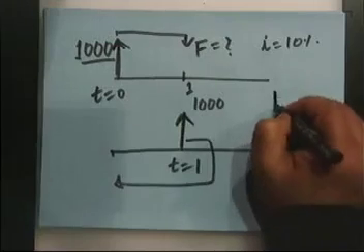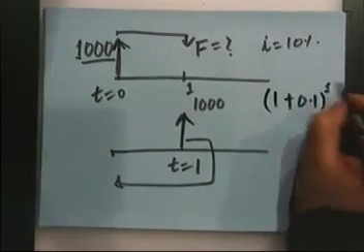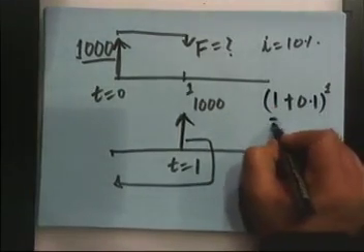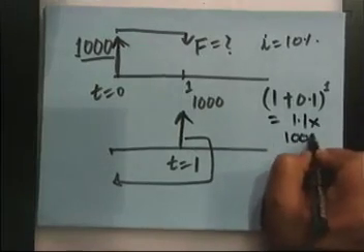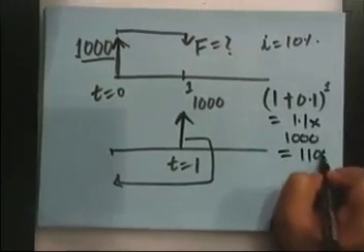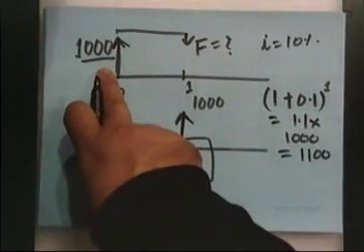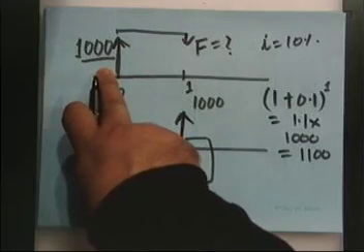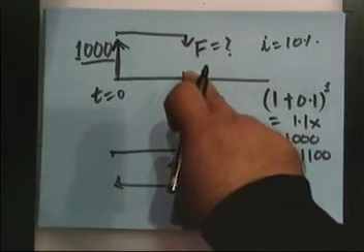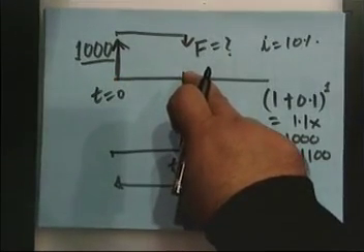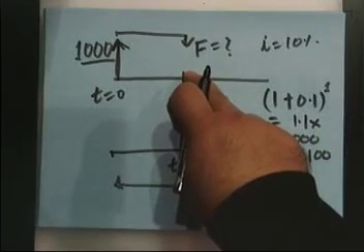It would be 1 plus 0.1 raised to power 1, which would be 1.1 into 1000, that is equal to 1100. So, that means this 1000 rupees at time t is equal to 0 has a value of rupees 1100 at time t is equal to 1. Clear?